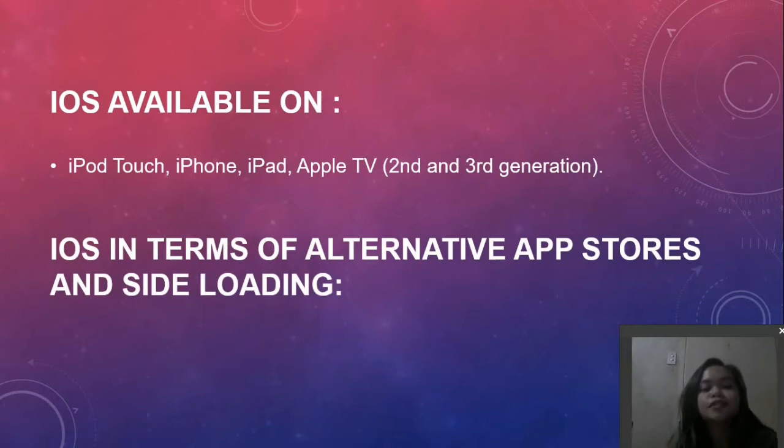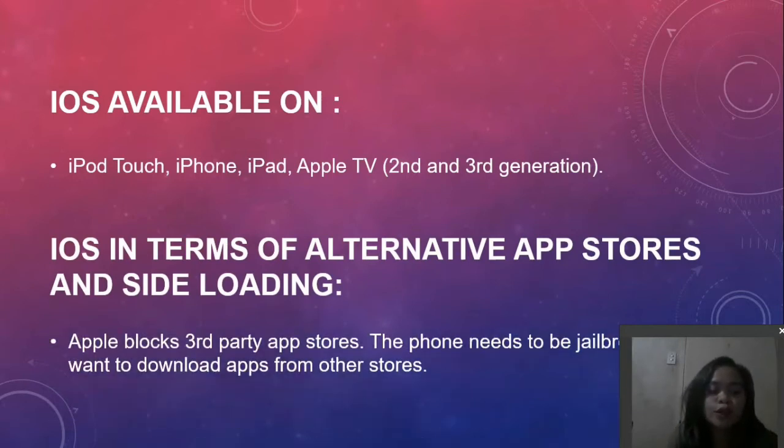iOS in terms of alternative app store and side loading. So we all know that Apple blocks third-party app stores. The phone needs to be jailbroken if the user wants to download apps from another store.